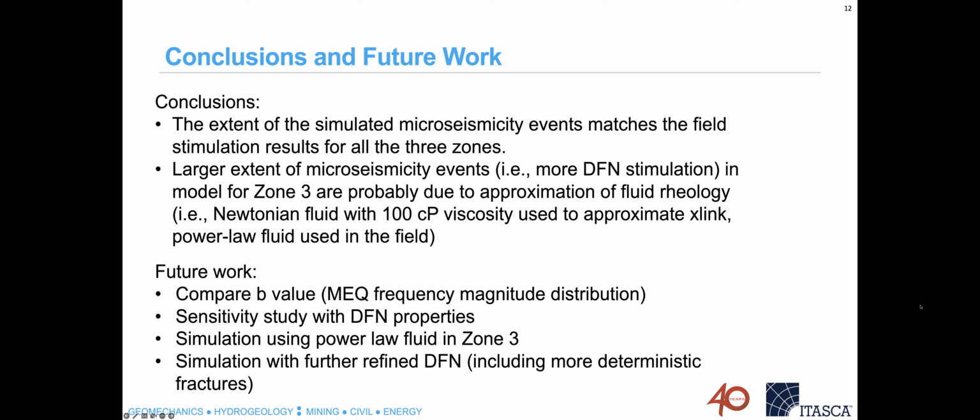There are some in-between values, and we will investigate these different cases. Third, we will simulate with power law fluid in zone 3. Right now we use just Newtonian fluid with high viscosity. And then simulation with further refined DFM, including more deterministic fractures.